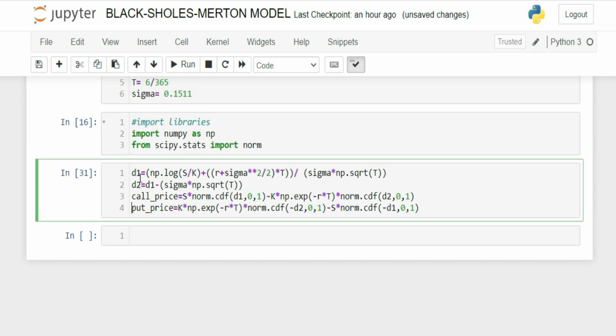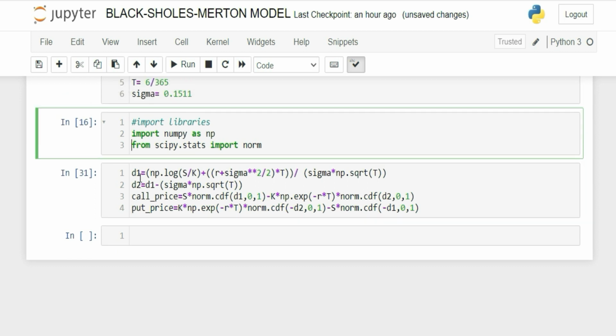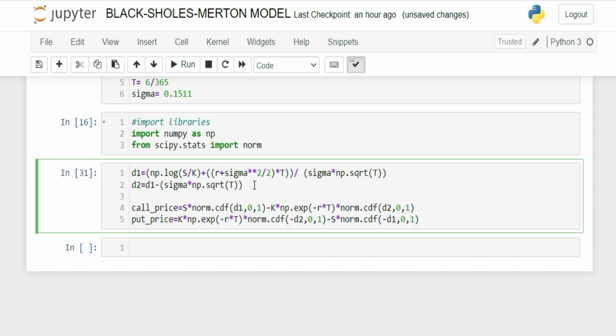Here you can say option price. Okay, cool. This is done.